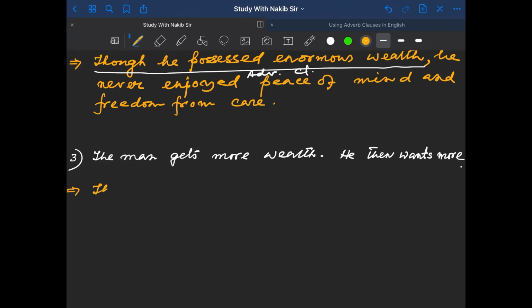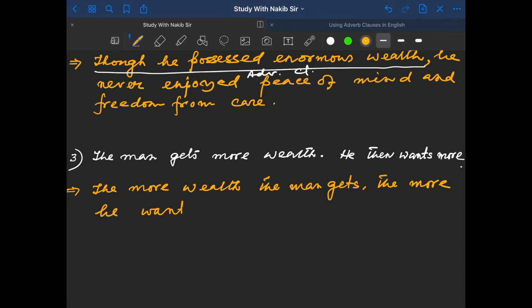The more wealth the man gets, the more he wants. The more wealth a man gets, the more he wants. Adverb clause.